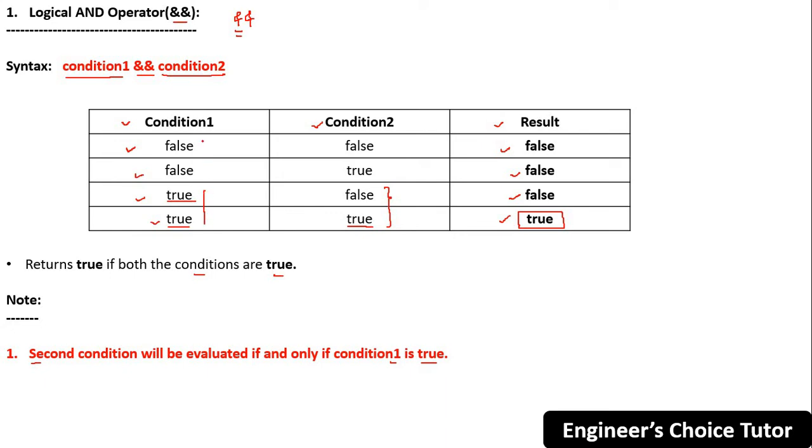If the first condition is false, then there is no need to evaluate the second condition. It is false only. So if condition 1 is false, then condition 2 won't be evaluated in the logical AND operator case. Remember this point.